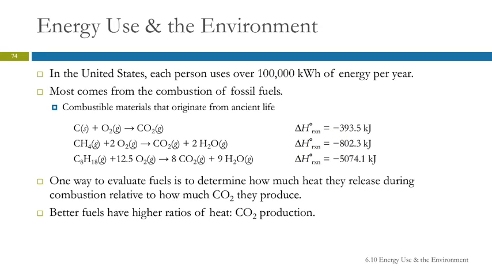And so we can see that burning methane gives you more energy for the same amount of carbon dioxide production. So that's a better choice. This one would have to divide by 8. You can do the math, it ends up being smaller than the 802. So a better fuel has a higher ratio of heat production to carbon dioxide production.